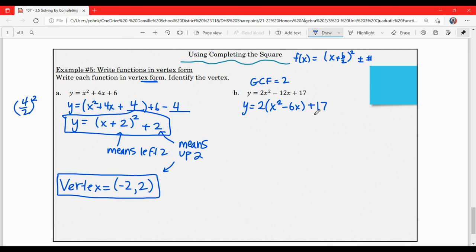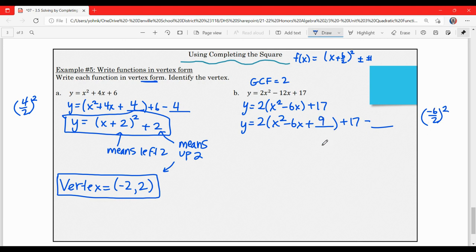and got that. Now I'm going to complete the square. So x squared minus 6x plus something, plus 17 minus something. So I'm still going to take half and square it. So half of negative 6 squared is 9.